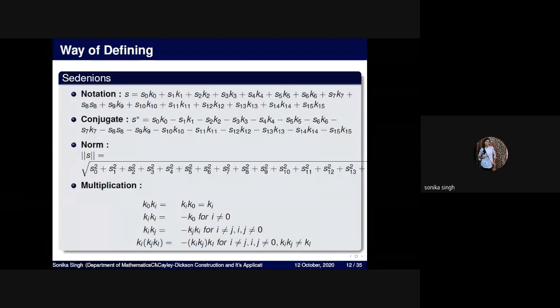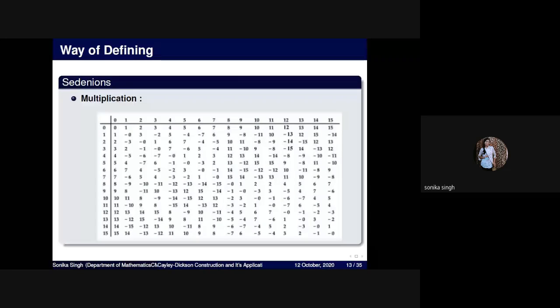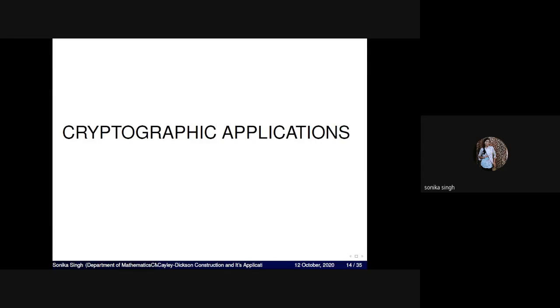With these multiplication rules, we can get the multiplication of sedenions. This is the index table for multiplication of sedenions, and 0, 1, 2, 3, 4 denote here the indices e0, e1, e2, e3 and so on.